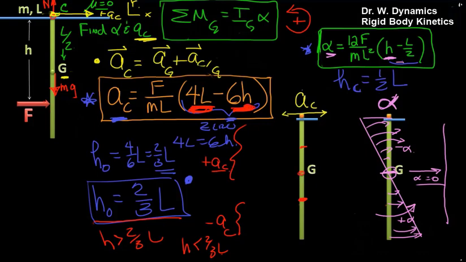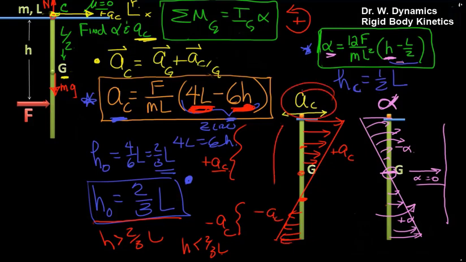And here we could draw this out. It's a linear function. If we impact it in this region, we'll get a positive a sub c, and if we impact it down here, we're going to get a negative a sub c up here at the top. So this is giving us the value of a sub c based on the location of the impact.